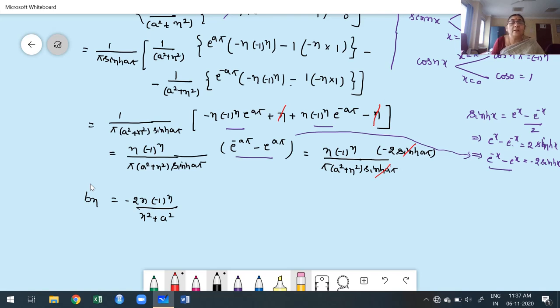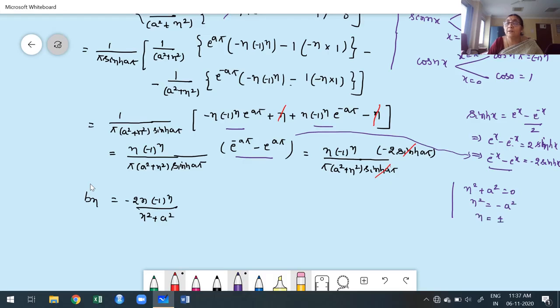Now observe carefully. After writing Bn, how can you know whether it is true for n from 1 to infinity or not? Pick the denominator quantity of Bn in terms of n. What is the denominator? n square plus a square equal to 0. n square is equal to minus a square. What is my n?